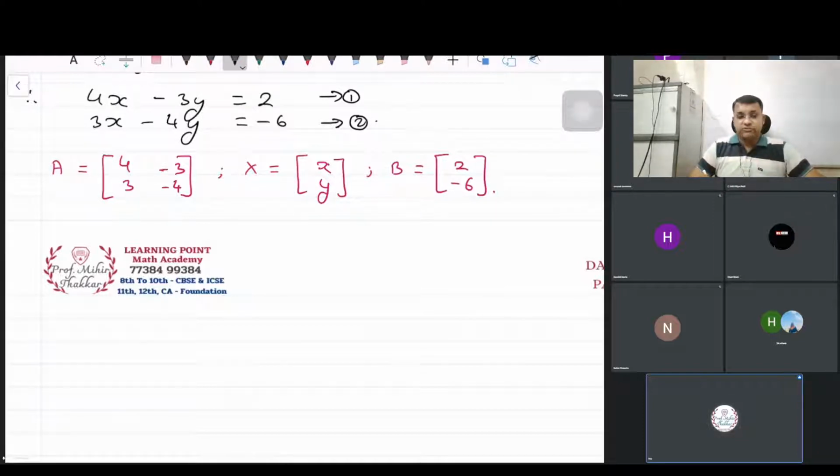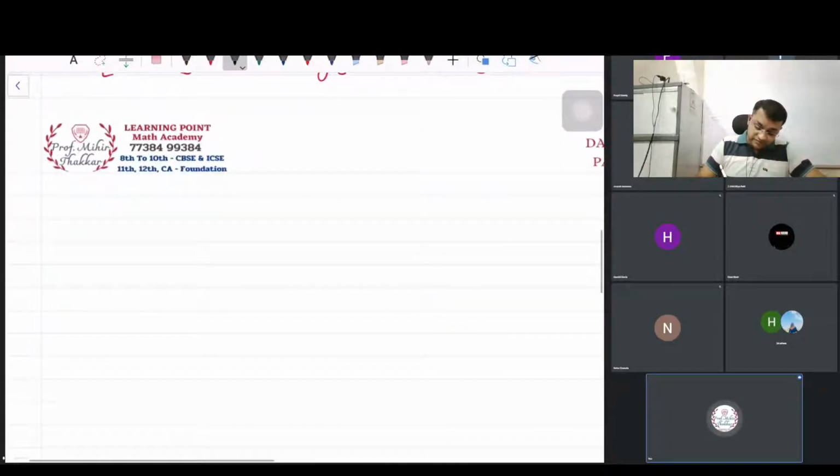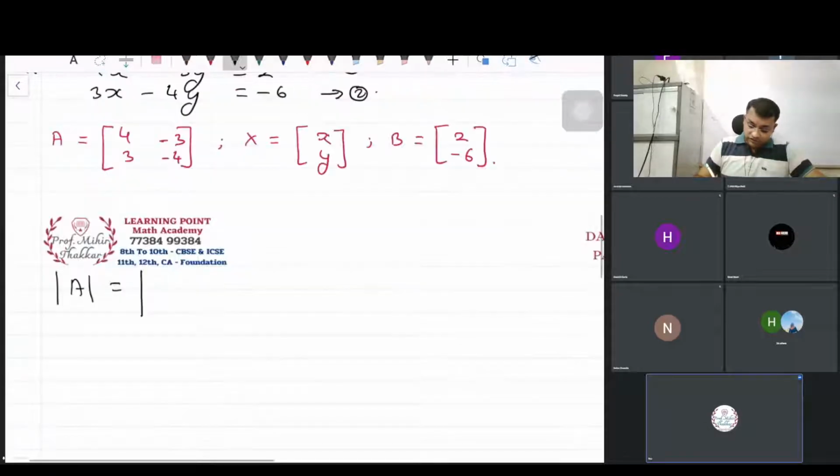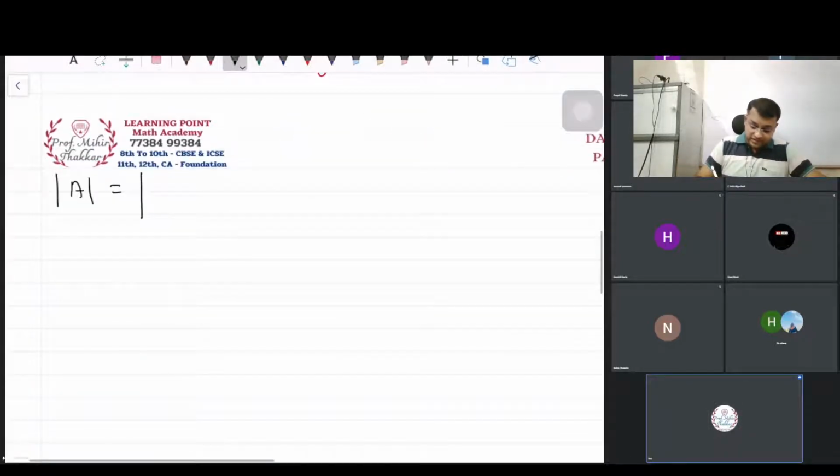After that, we have to find out the inverse of the matrix A. In order to get the inverse of the matrix A, first of all, I have to find out the determinant and check if it is really possible to find out the inverse of this matrix or not. So, determinant of A, determinant of 4 and minus 3, 3 and minus 4.